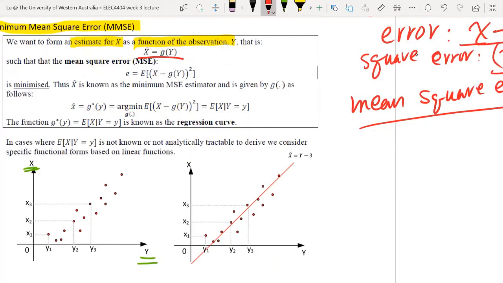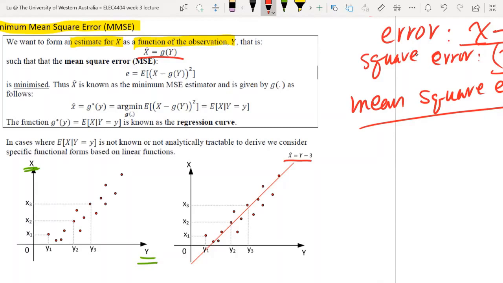In the graph on the right-hand side, you can see I'm plotting a red color line. This red line is our linear function, which is x hat equal to y minus 3. You may temporarily treat this line as the so-called best fitted line to all the scatter points. Okay, so in such case, we assume this one is the best one temporarily.